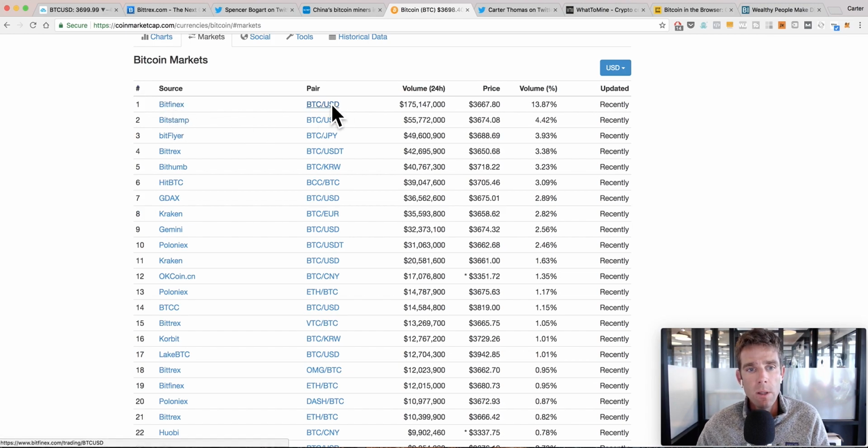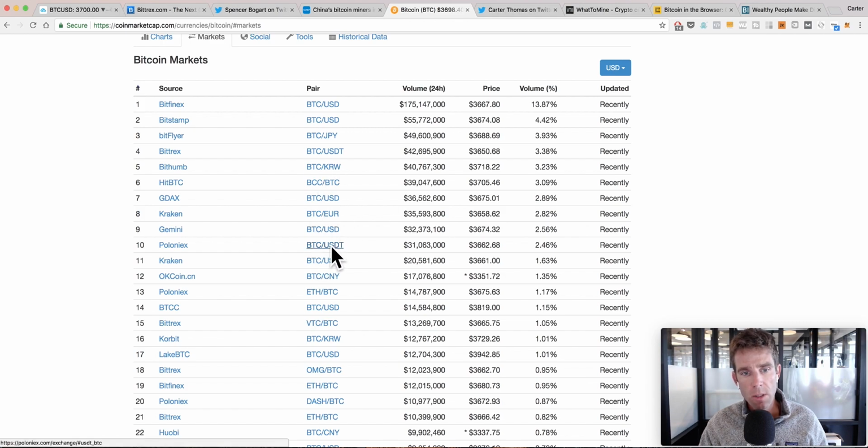But you could really just look at what the pair is. What are they being exchanged against? Bitfinex is against US dollars, Bitstamp is against US dollars, Bitflyer is against Japanese yen, Bittrex is US tethered dollars, which is a little bit of a gray area, and then Bithumb is South Korean won.